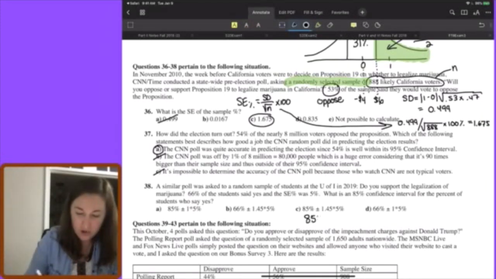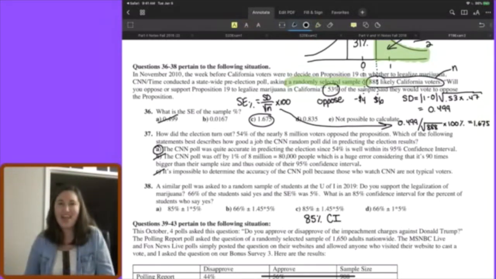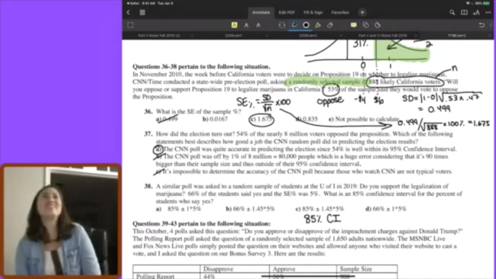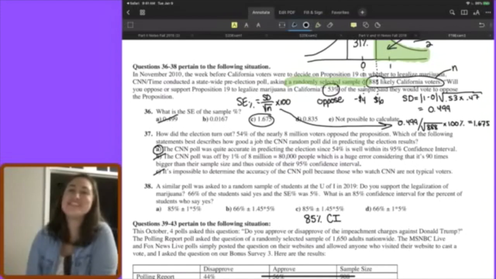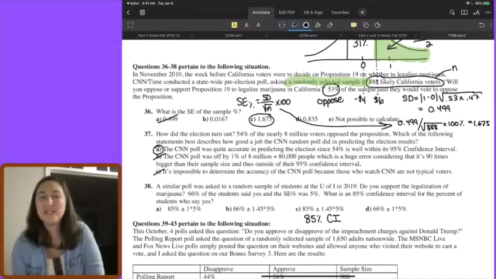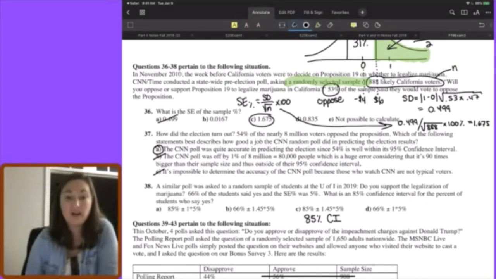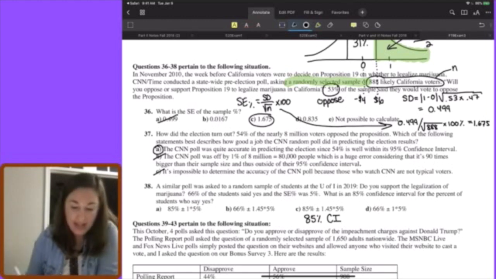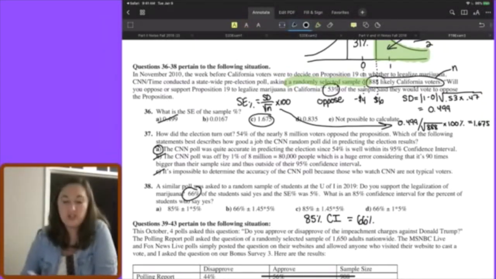All right, so we want an 85% confidence interval. A lot of times, I feel like confidence intervals are one of those things that people think are more complicated than they actually are. All we want to do is take our percent that said yes, which was 66, and make it into a range.